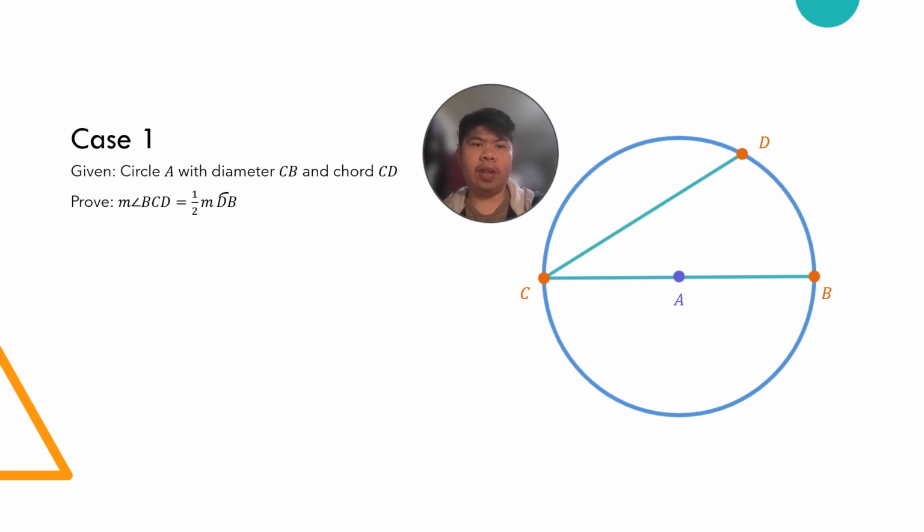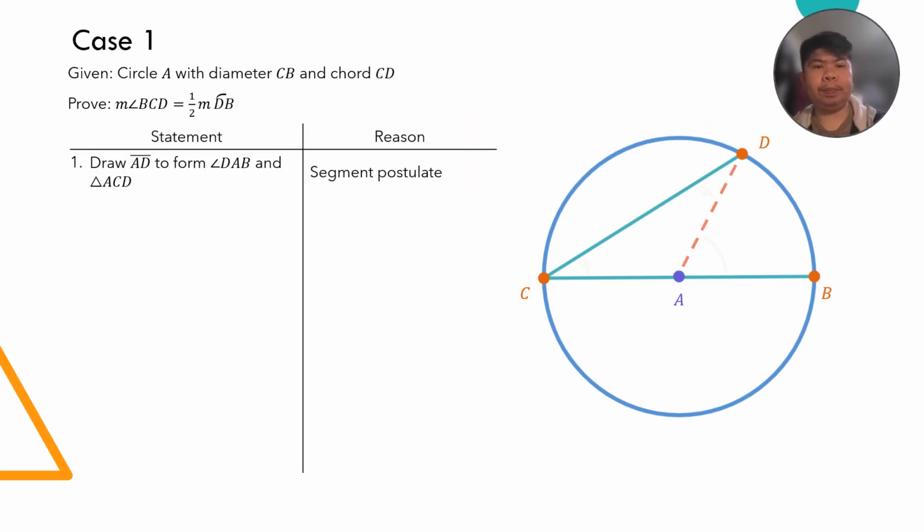So we get the given circle A with diameter CB and chord CD. And we want to show that the measure of angle BCD is 1/2 the measure of arc BD. So we will prove this using a 2-column proof.